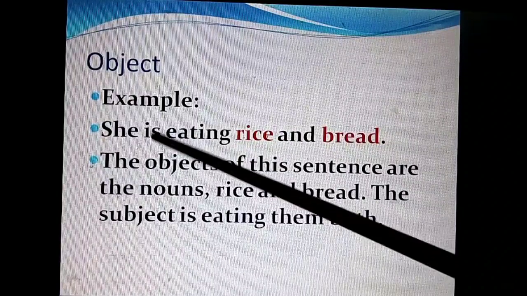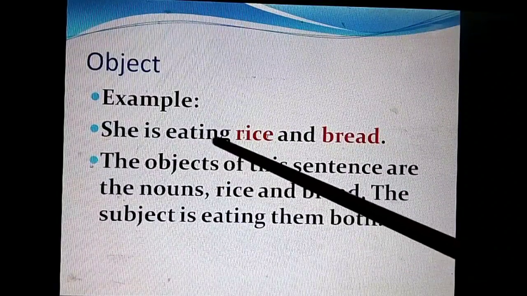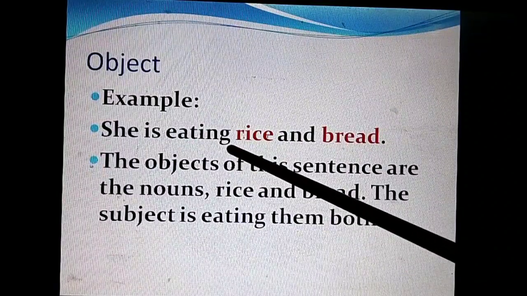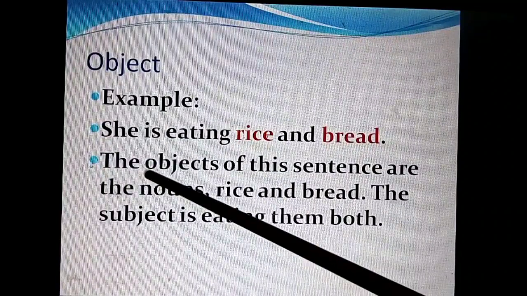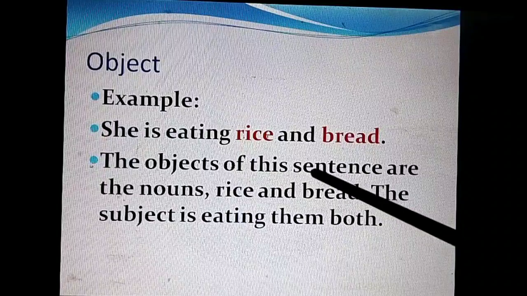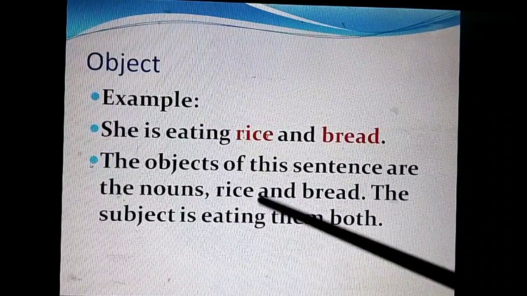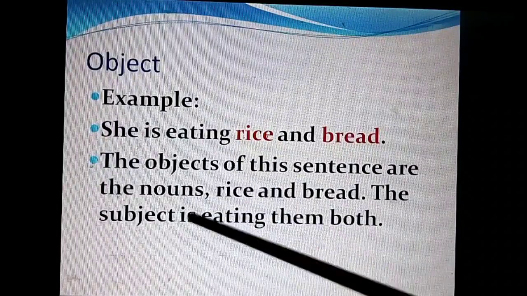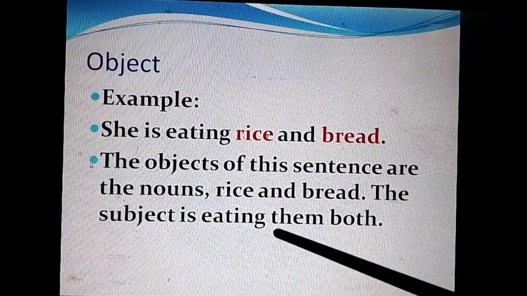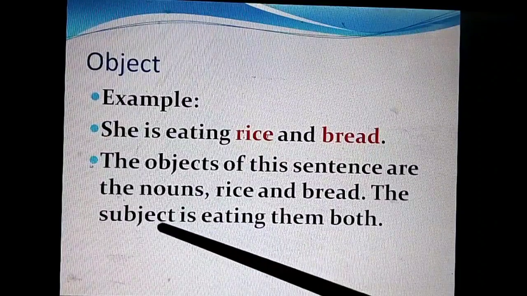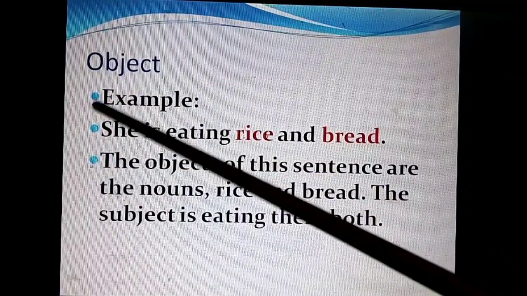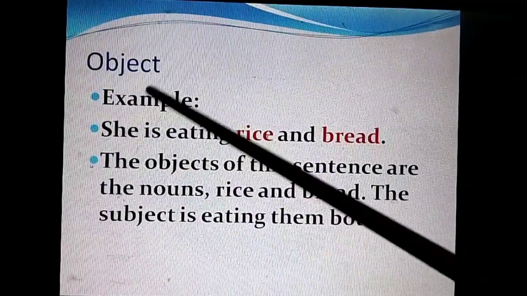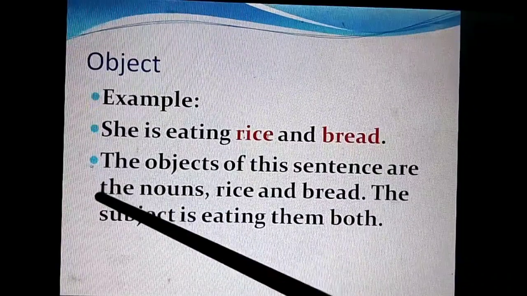Both are coming after the finite verb is eating. Next, the objects of this sentence are the nouns rice and bread. So the subject is eating them both. What is the subject? She is the subject. So subject is eating both rice and bread.